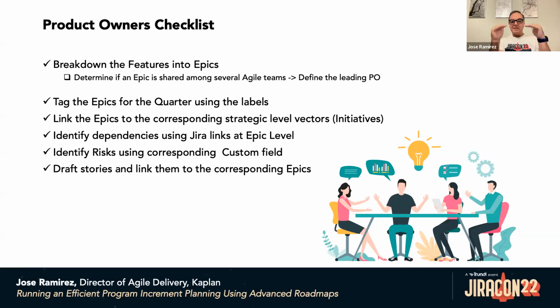Use the link types included in advanced roadmaps, in the configuration of advanced roadmaps. Identify risk using the custom field, and then draft stories and link them to the corresponding epics. This is the checklist for the POs, and if the POs do this at each agile team level, all the information will come together in the program board.